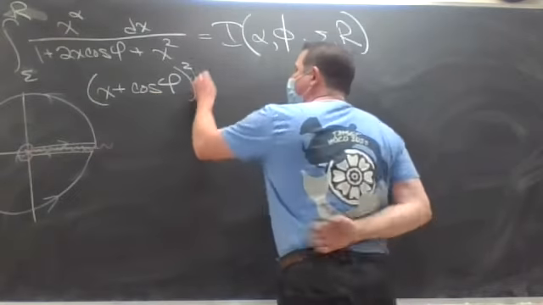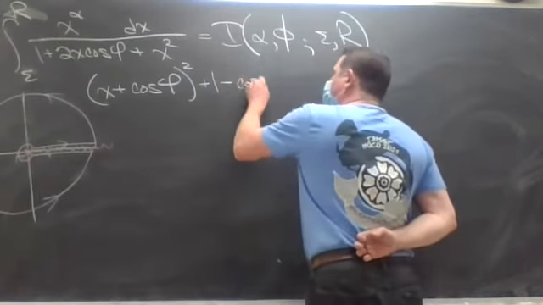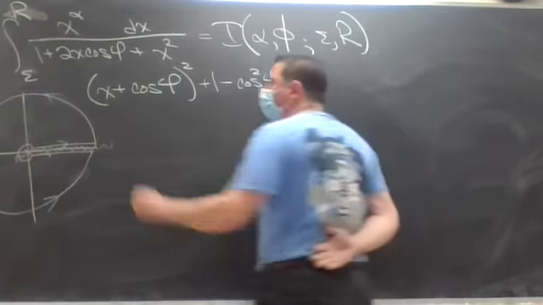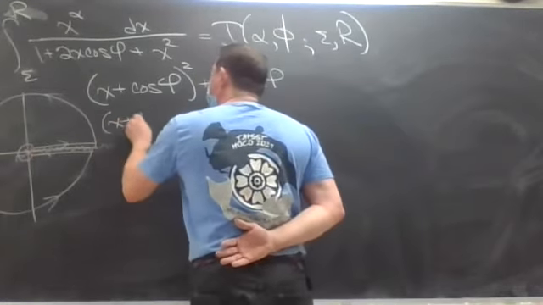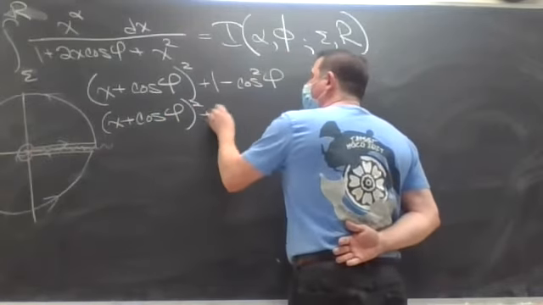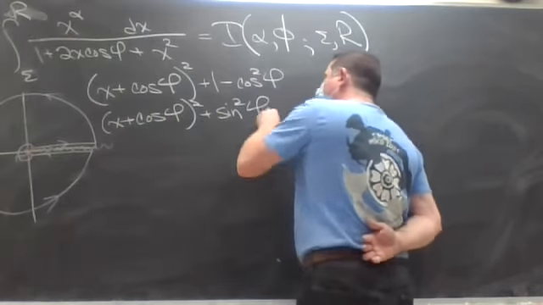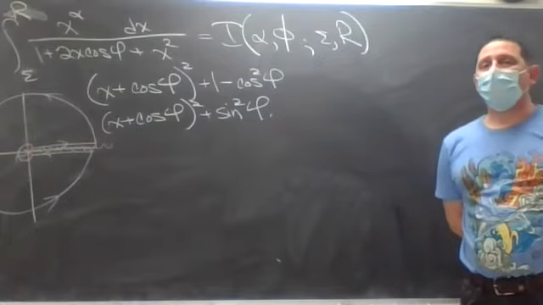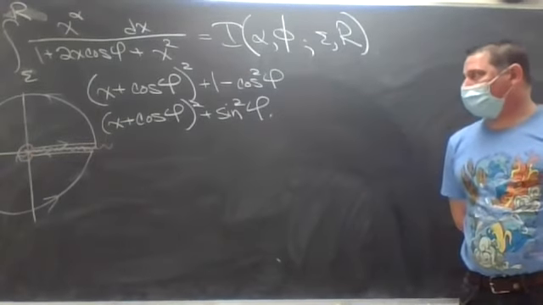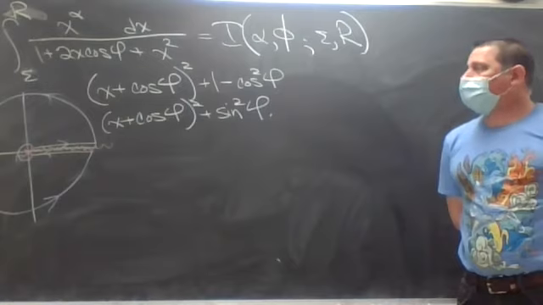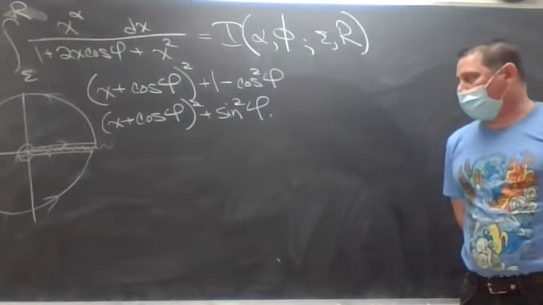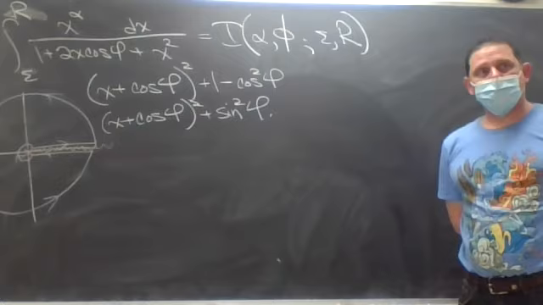So I'm going to have to add 1 minus cosine squared phi, or x plus cosine phi squared plus sine squared phi. So I'm going to have problem points at negative cosine phi plus or minus i sine phi.